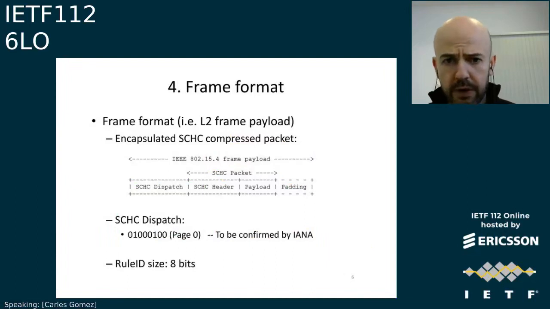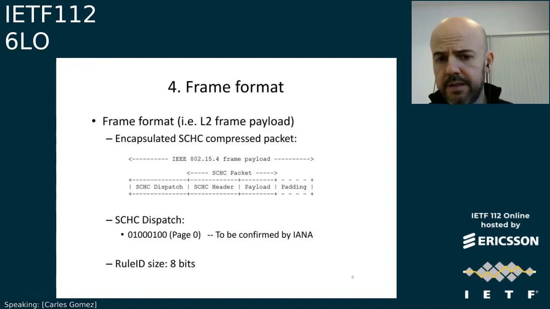In section 4, we define the frame format. The figure on the slide corresponds to the 15.4 frame payload when a SCHC packet is carried. The leftmost field is the SCHC dispatch. In this version of the draft, we would use a 1-byte pattern from page 0. The one that's suggested is the one written here, to be confirmed by IANA.